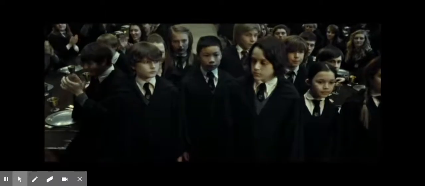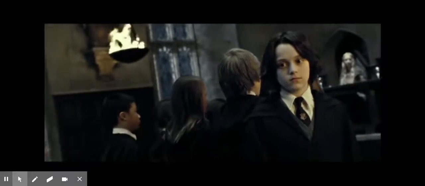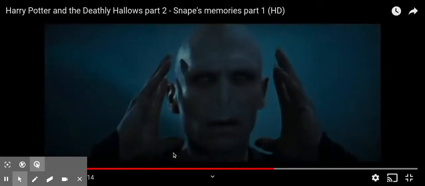Lily is placed into Gryffindor, and then meets James Potter. You see him start to feel jealous. Don't say a word against my father. Potter does not seem to like Snape. Then James and Lily end up together, reunited once more.